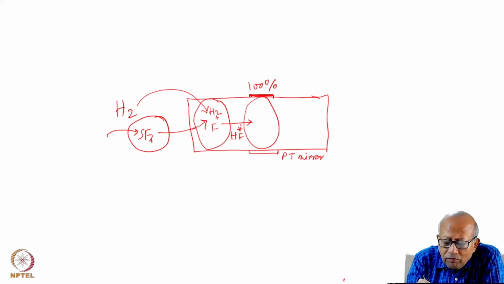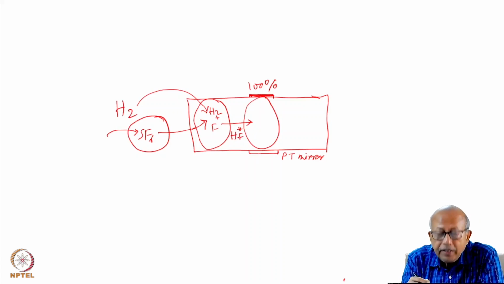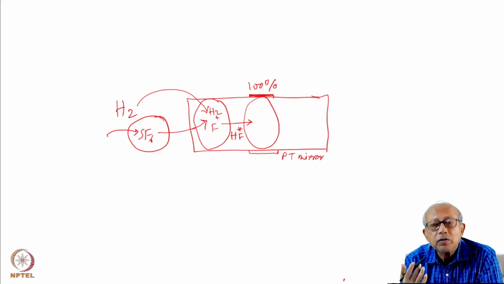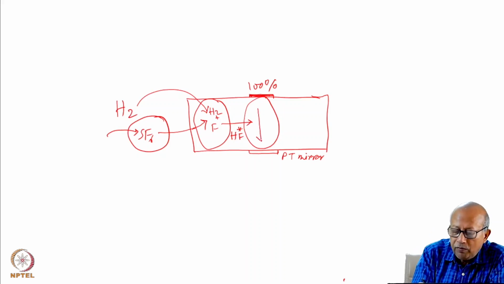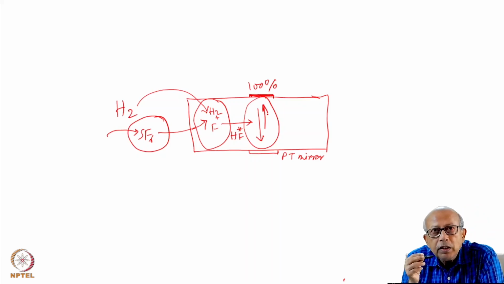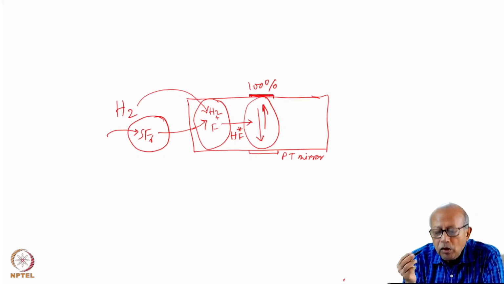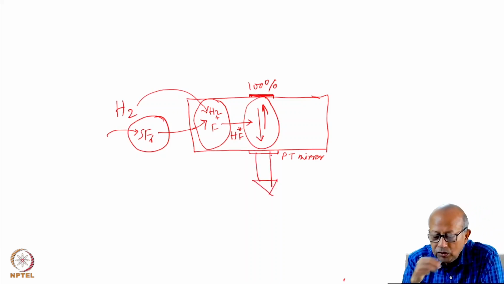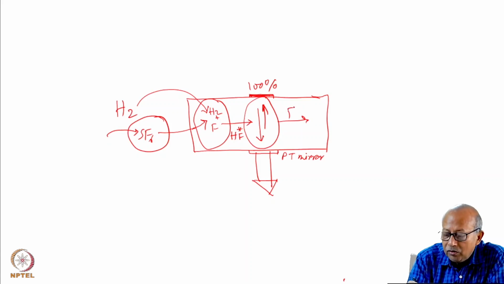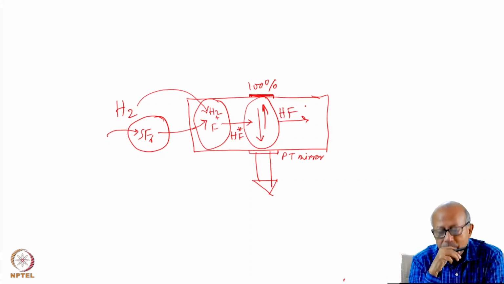As the vibrationally excited hydrogen fluoride enters this lasing region, inevitably it spontaneously emits photons in all random directions, and some of these spontaneously emitted photons, which travel along the axis of the cavity, will seed stimulated emission, and stimulated emission would eventually allow amplification of light, resulting in the laser beam, which will be emitted through this partially transparent mirror, and the vibrationally de-excited hydrogen fluoride molecule then flows out of the chamber.